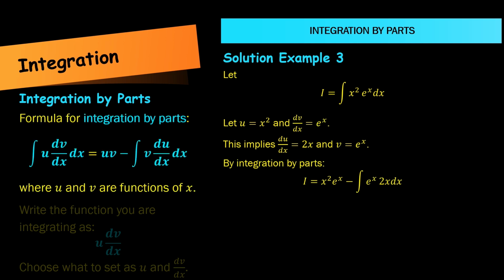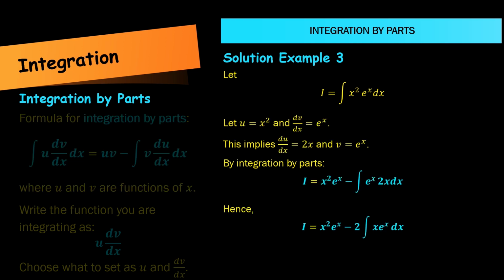Now we can plug these into our integration by parts formula to give us uv, which is x squared e to the x, minus the integral e to the power x 2x dx, which is v du dx. And so we have I equals x squared e to the x minus 2 integral x e to the x dx.